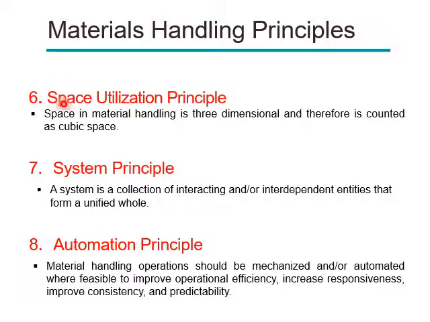The sixth principle is the space utilization principle. So in the beginning we said that as a statistic, approximately 55% of the total factory space is due to material handling. So we need to pay special attention to space utilization.